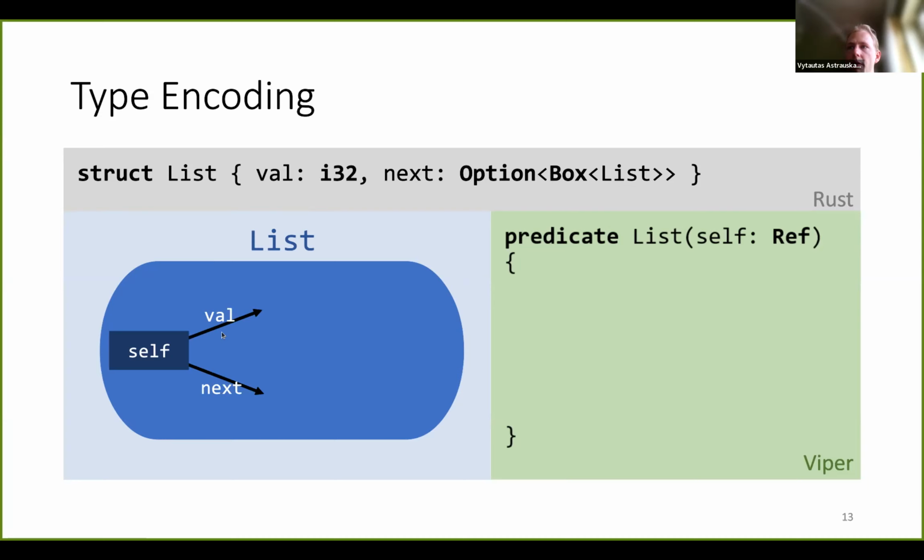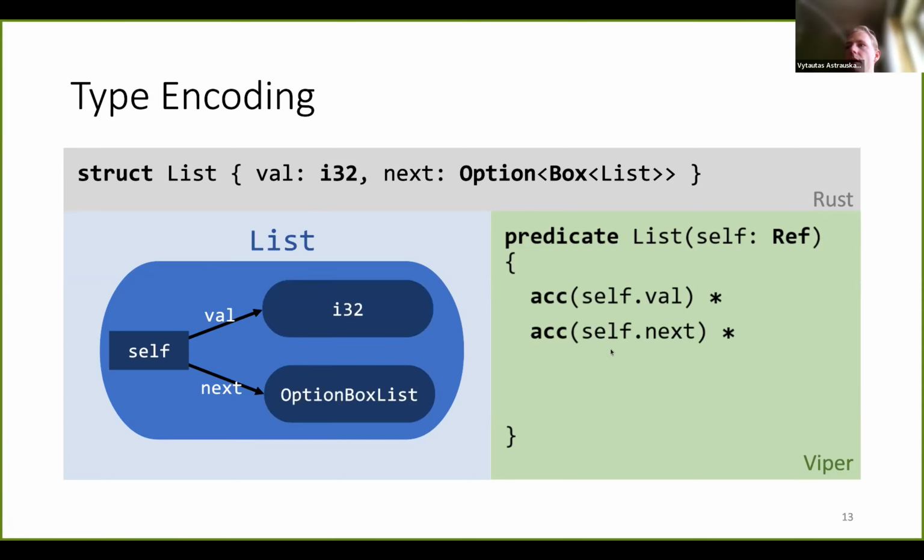We have val and next fields, and in Viper we would have accessibility predicates assigned by the list predicate to these fields, and later the predicate for integer and also for the recursive call. Similarly, we automatically generate this in Viper.